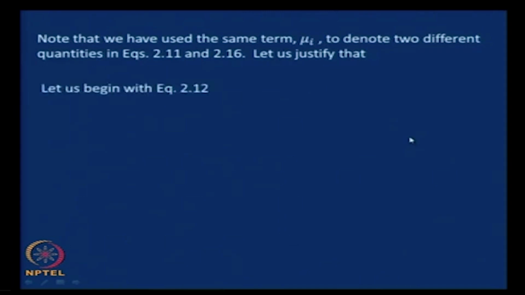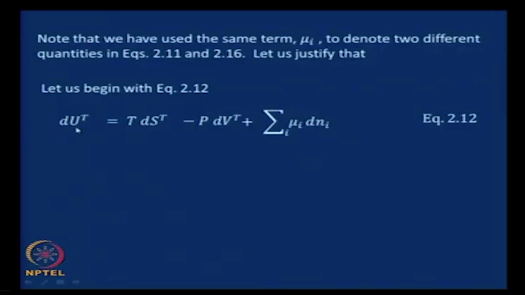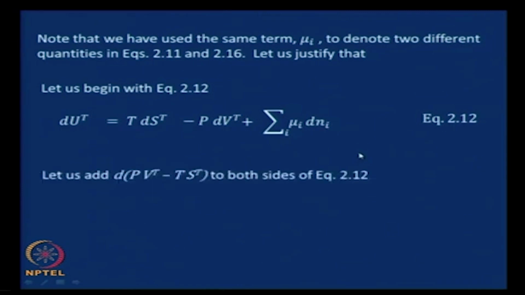To justify, let us begin with equation 2.12, where we first defined our μ_i. We started with dU_t equals T dS_t minus P dV_t plus summation of μ_i dn_i. Let us add the differential of this particular quantity, d(PV_t minus TS_t), to both sides of equation 2.12.